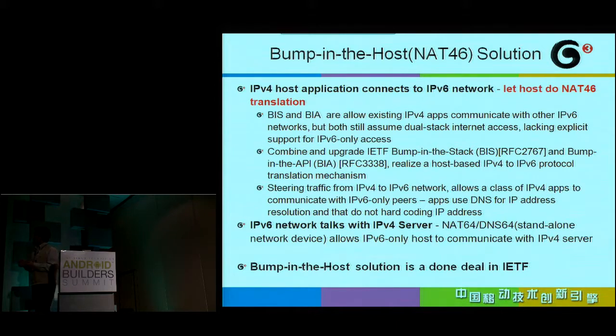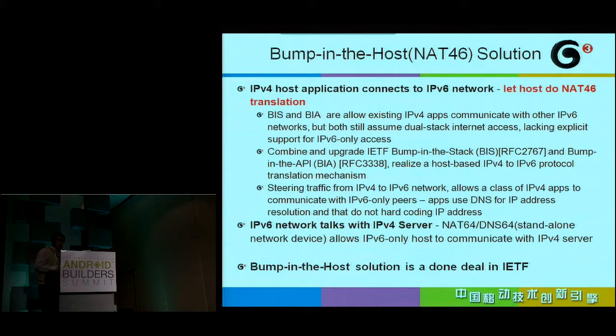In those two solutions, both IPv4 and IPv6 should connect to the network. So they require too many resources and don't have the specific capability to support an IPv6-only network.